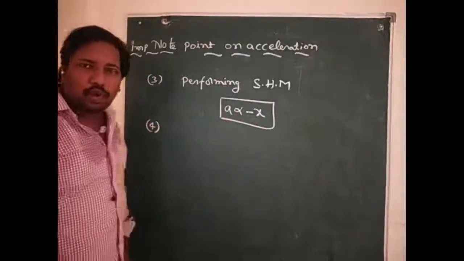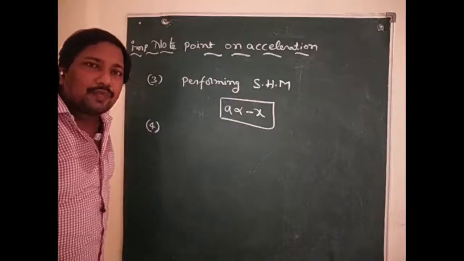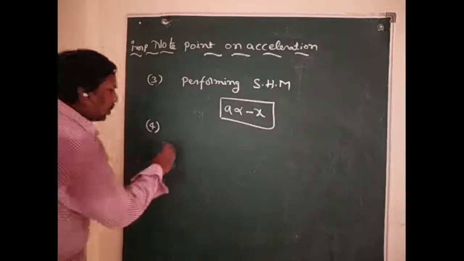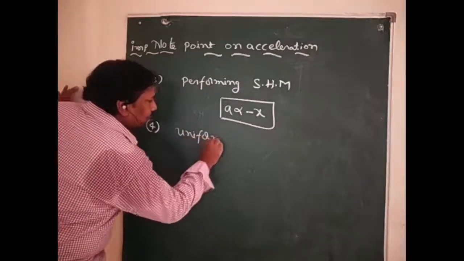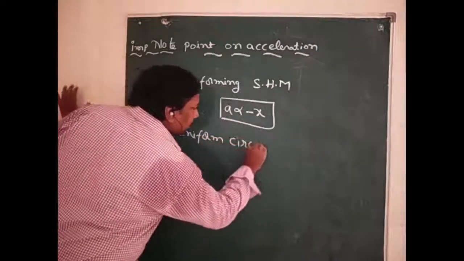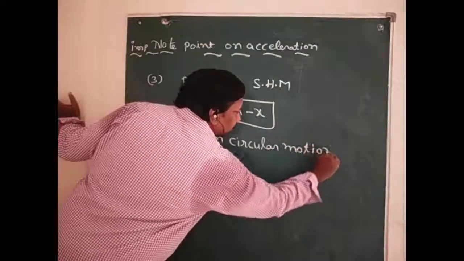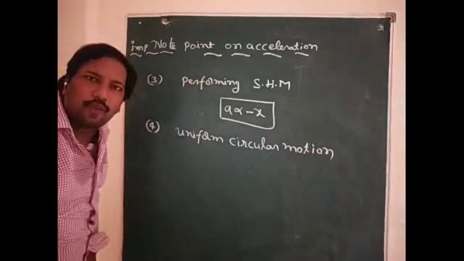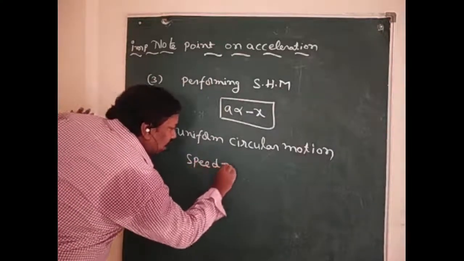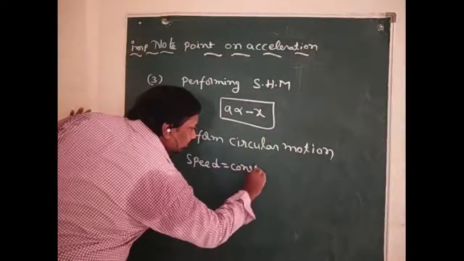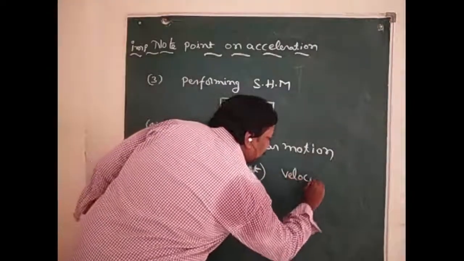Next, the fourth note point is when a particle is performing uniform circular motion. In the case of uniform circular motion, speed of the body is constant but velocity is variable.